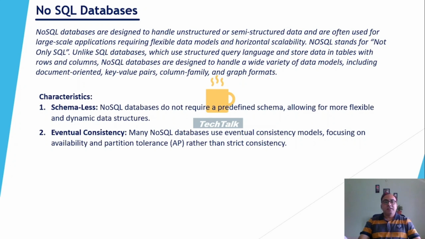So at max, a distributed database system can achieve 2 goals: either consistency and partition tolerance, or availability and partition tolerance, or availability and consistency. These are the possible scenarios. NoSQL databases follow availability and partition tolerance.